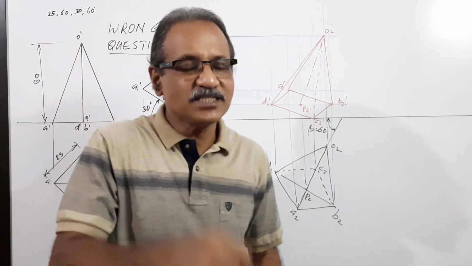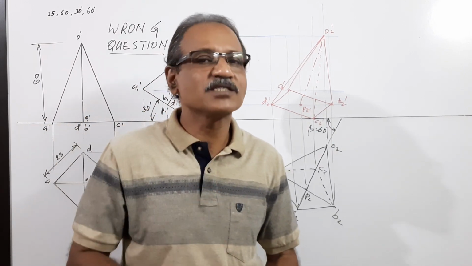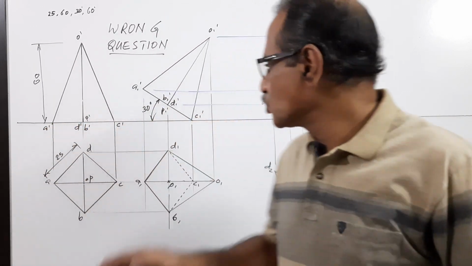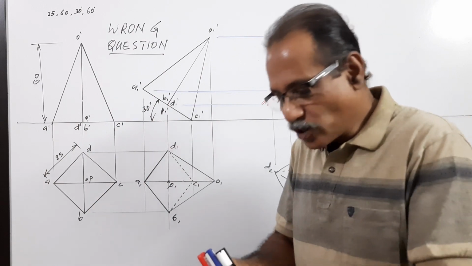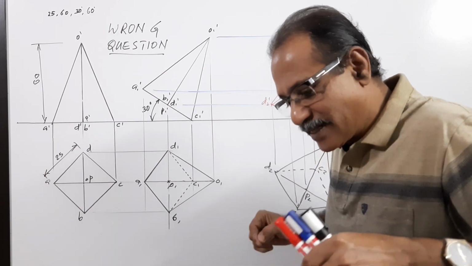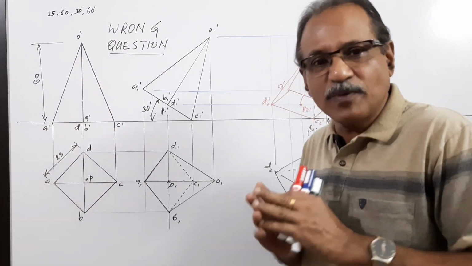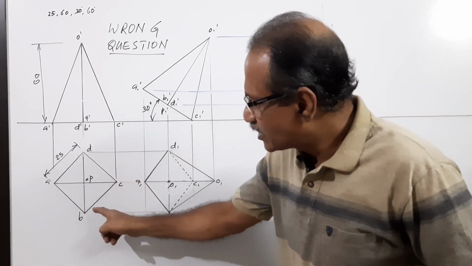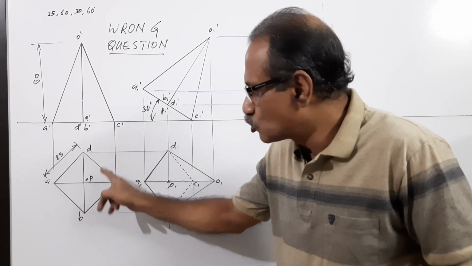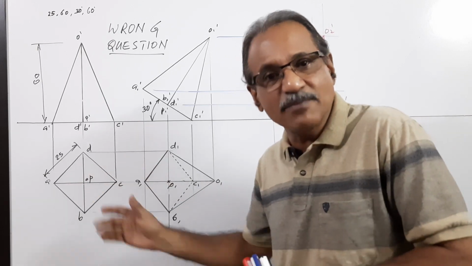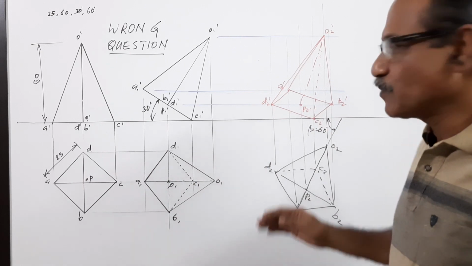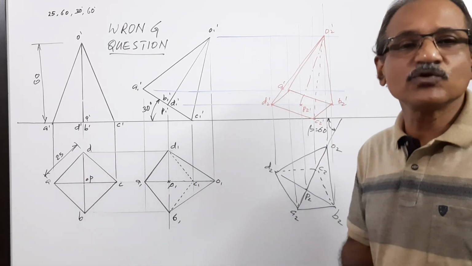The pyramid is resting on HP on a corner of base, with the base making 30 degrees to HP. The two edges containing the corner make the same inclination to HP. We don't know how much they are, but they are making same inclination to HP. When you keep like this, we ensure that these two sides, when tilted, will make same inclination to HP. Then, plan of the axis making 60 degrees to XY line.